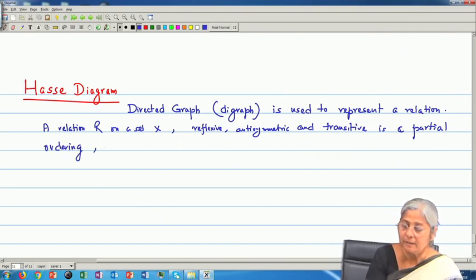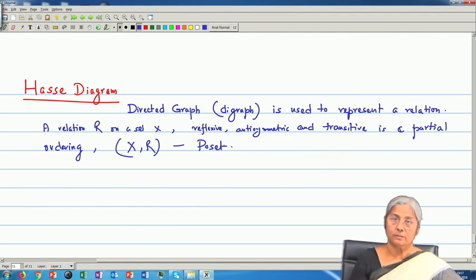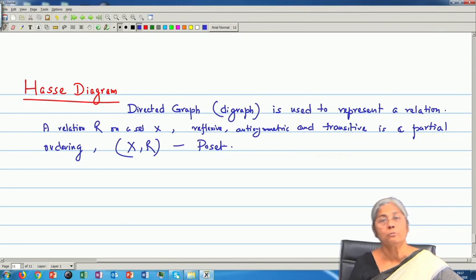And the set X with R is called a partially ordered set, or poset. Since it is finally a relation on a set X, we can represent this by a digraph.